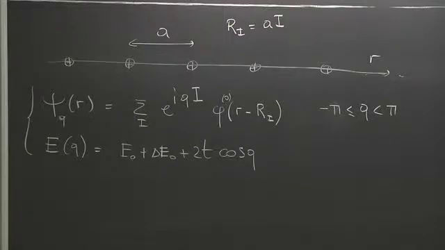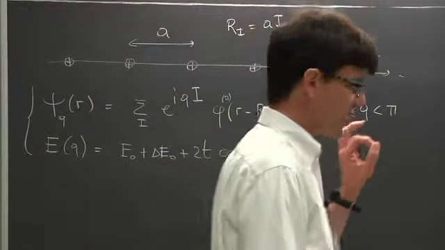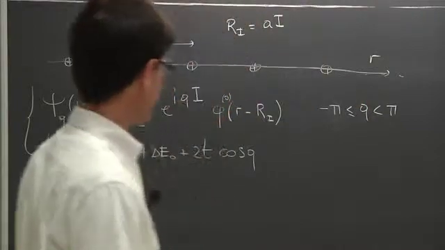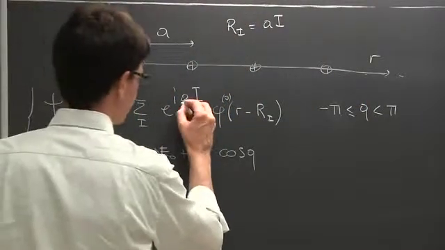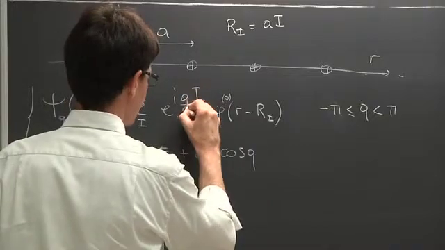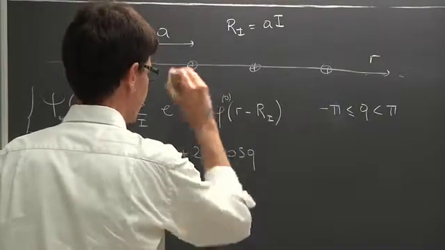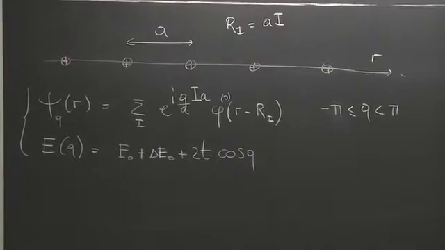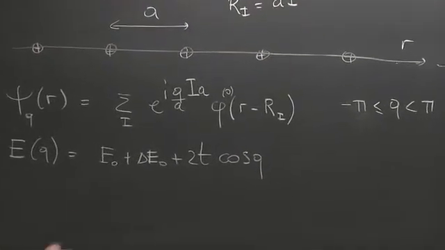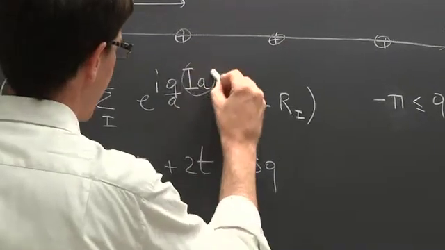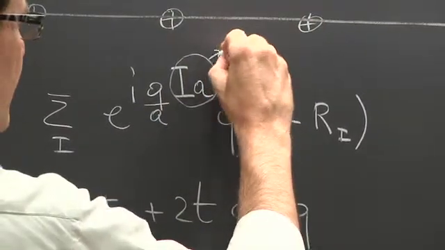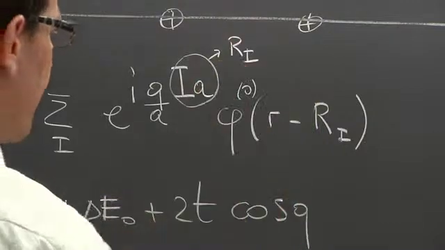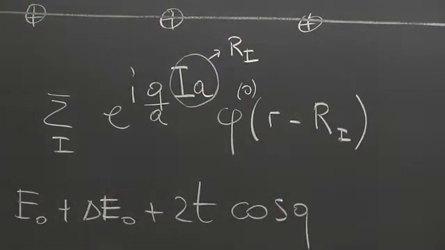Okay, allow me now to make a slight change of variables, a very small one. What I'm going to do is divide this by A and multiply by A. I'm not changing anything, but what I'm extracting out is A i, which is R i, by definition.